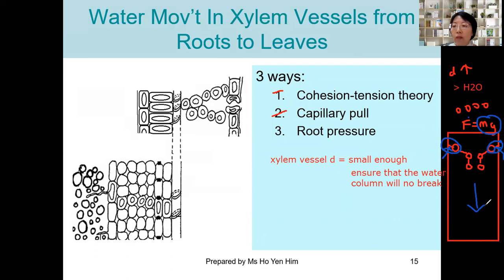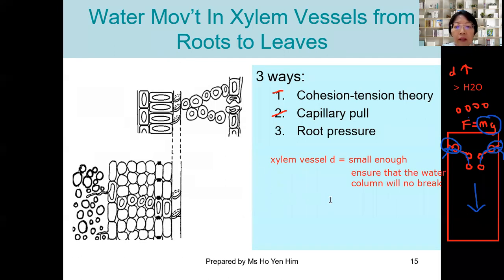It is stronger than the force being pulled by the adhesion, since the hydrogen bond is attached due to the adhesion. So therefore it will break. The diameter must be very small so that the water column is not too heavy. I mentioned that yesterday: the water column will not break.